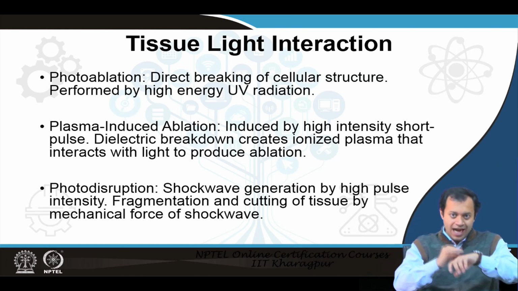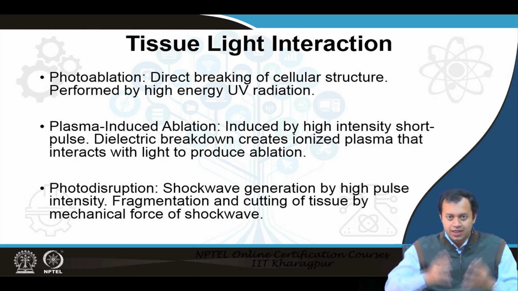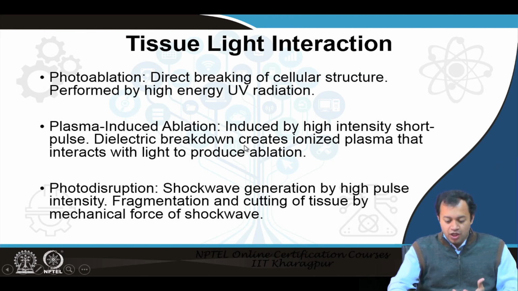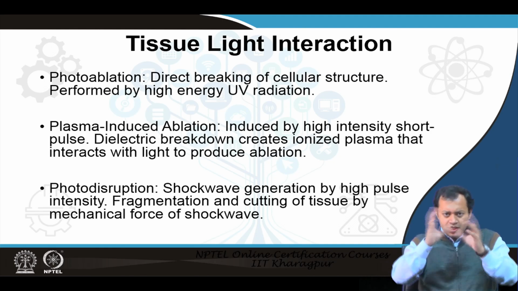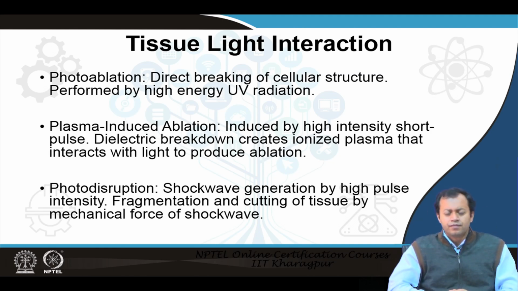So, what happens when that pulse hits your body or a part of the tissue? Here plasma is generated, a direct breakdown of dielectric happens, there is an intense ionization, and it is localized. So, an intense plasma is formed, it got ionized.